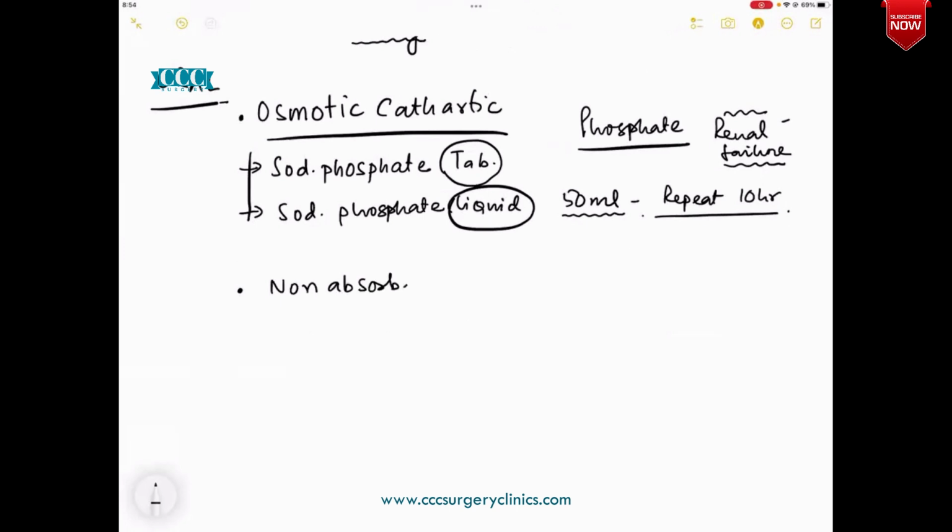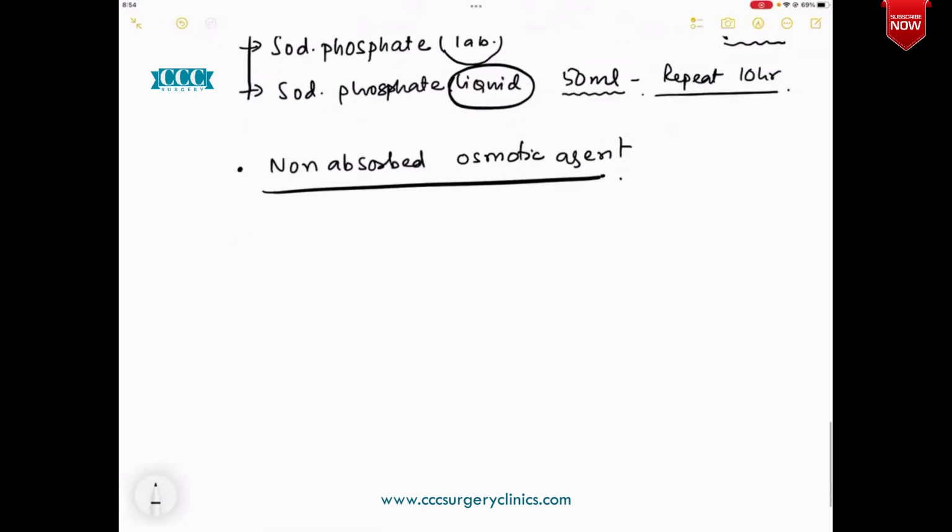After osmotic cathartics, the second agent is non-absorbed osmotic agents. What do we mean by this? Unlike phosphate, which comes into the blood and may affect the kidneys, what is more popular is something that stays in the bowel and does not do anything to the body. So the first one that comes into our practice is polyethylene glycol.